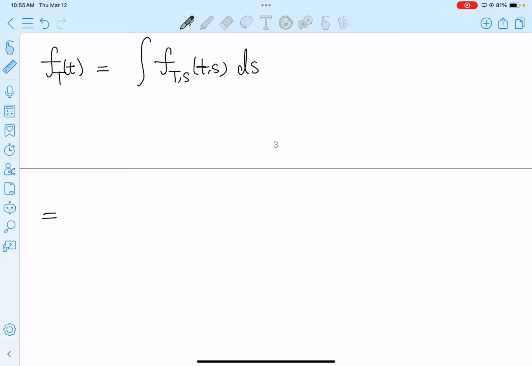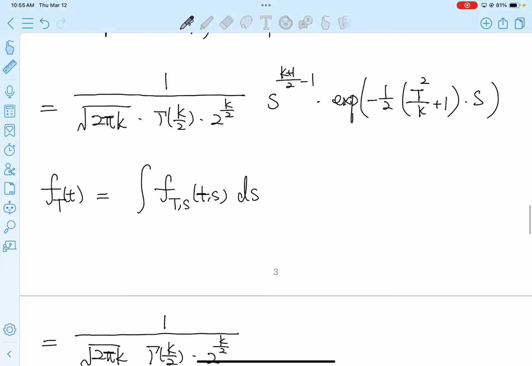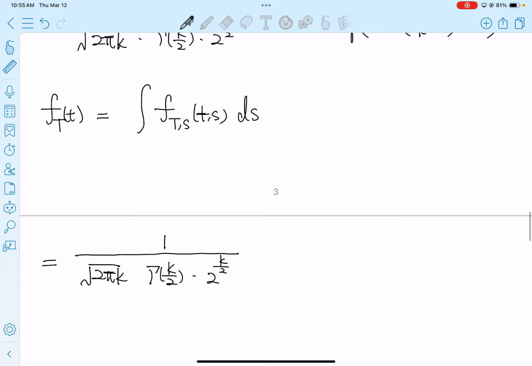The constant term that we put in the front is not going to be affected, so we can bring that in the front. And the integral is only going to affect whatever involves the s.